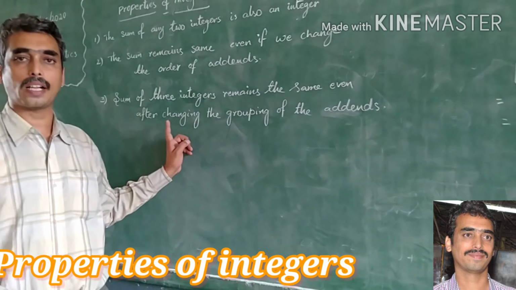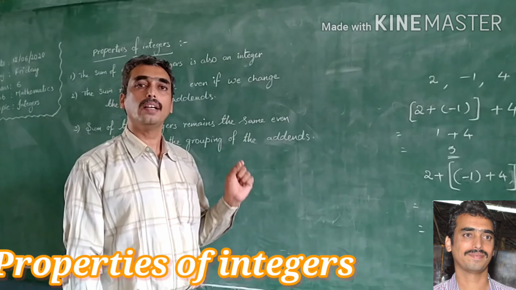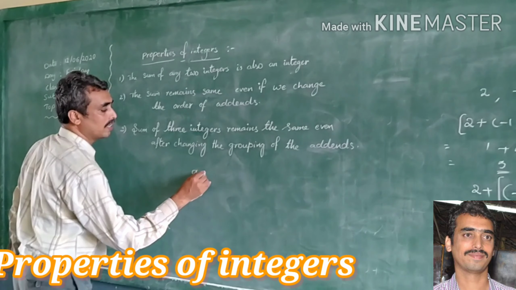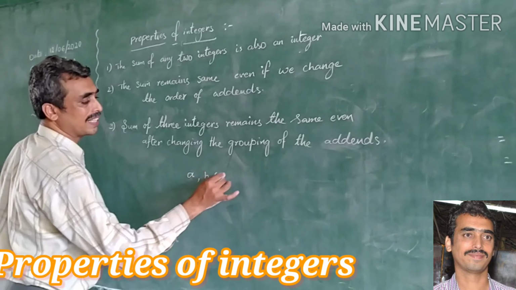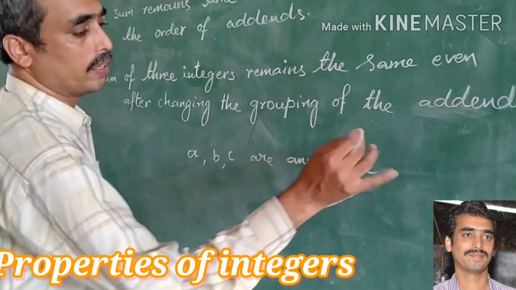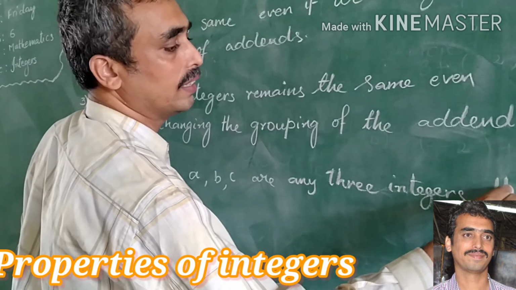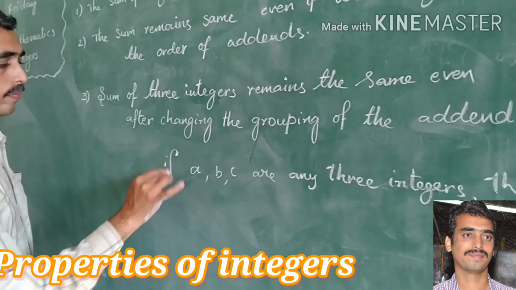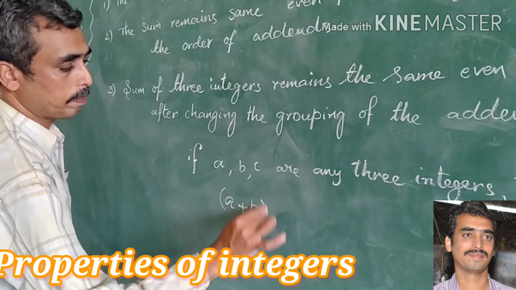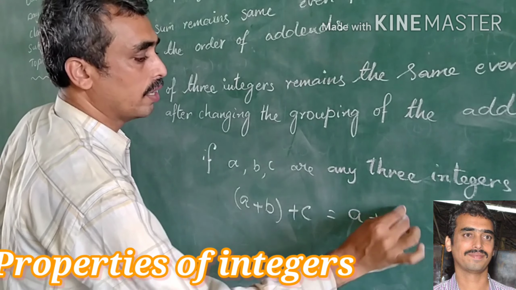This property also is satisfied. This is called associative property under addition of integers. So let us generalize this property: if A, B, C are any three integers, then (A plus B) plus C is equal to A plus (B plus C).